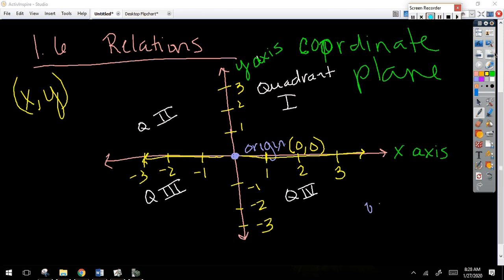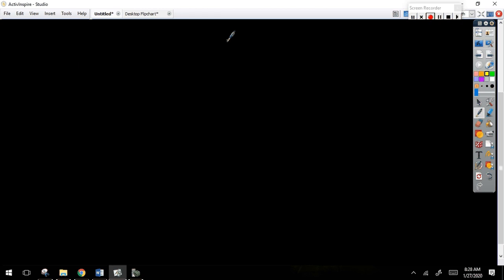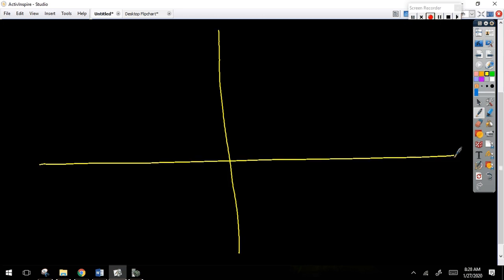Let's look at some points in the coordinate plane and see if we can graph them. For some reason, this is always a struggle. I'm just going to set up a nice little coordinate plane here.